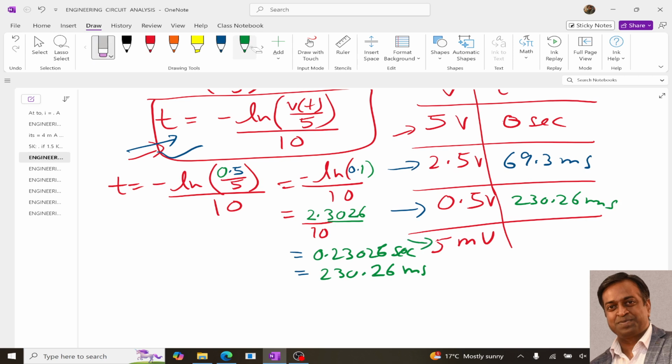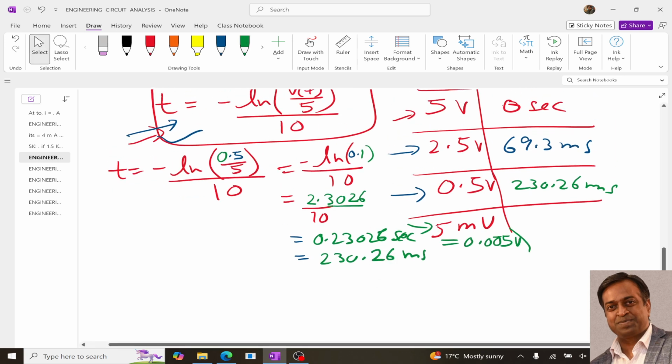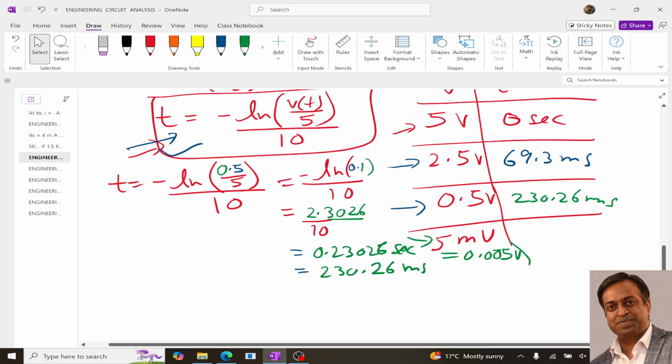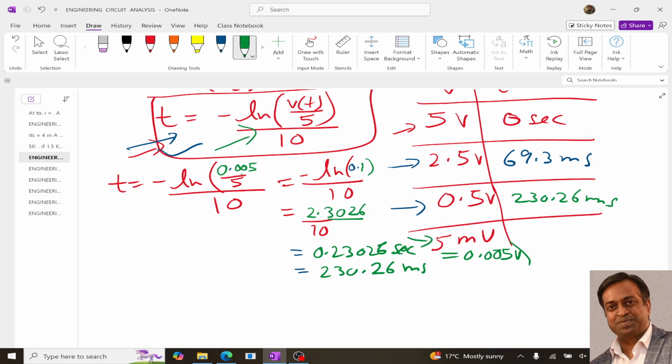Over here we have 5 millivolt, we can write it as 0.005 volts. So substituting this over here, we will get 0.005, right?